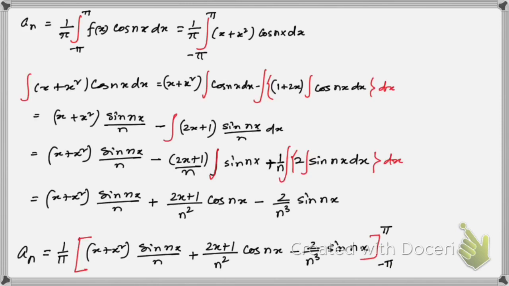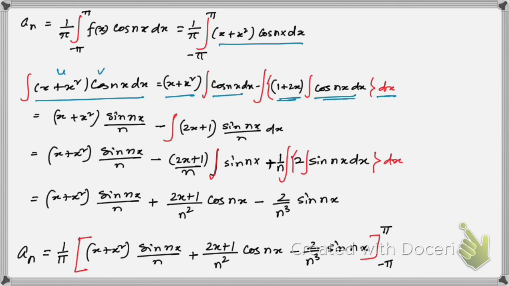So I have completed the integration. Let me explain how I have done. So here you see, I have taken the integral part only, ignoring the limits first. Then what we have done here, we have applied the product rule, u into integration of v, minus integration of derivative of u into integration of v, whole dx, right?